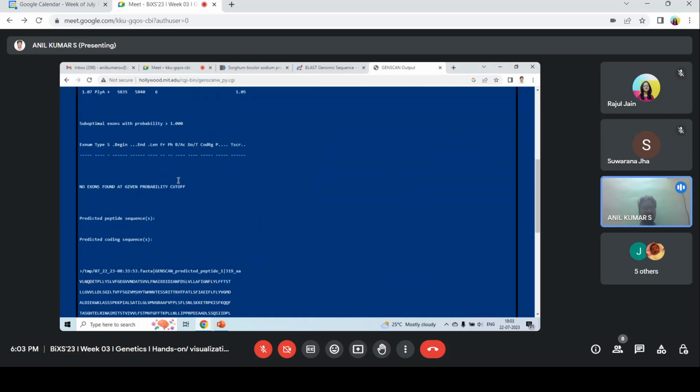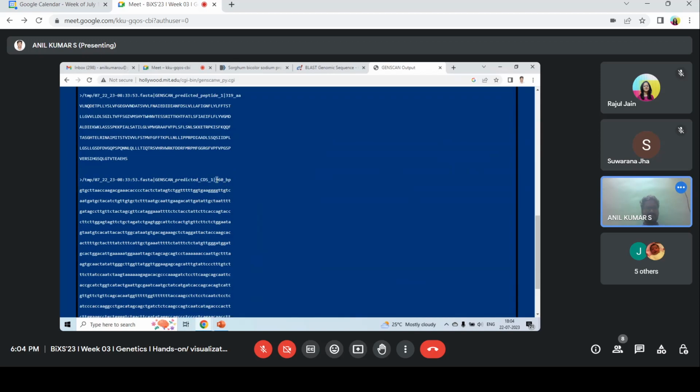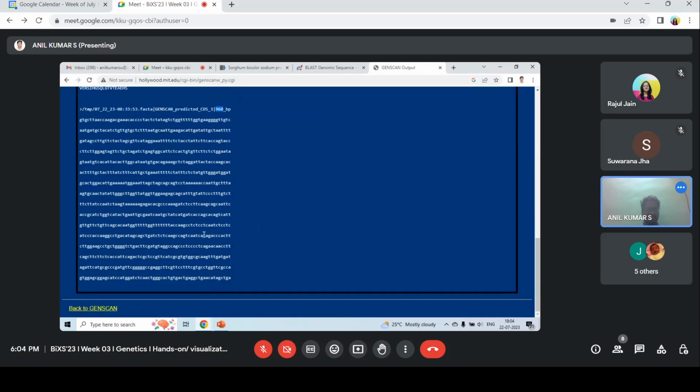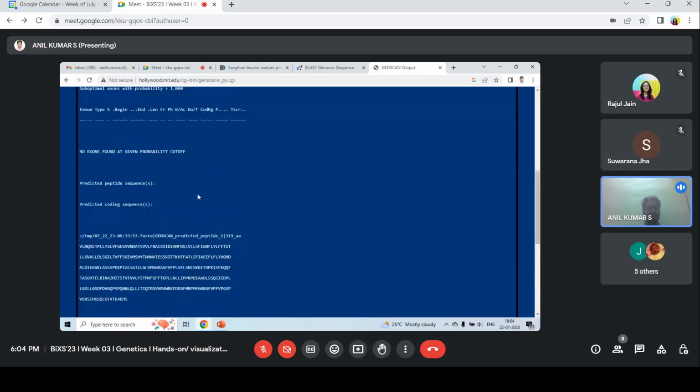You can see here the first sequence is around 319 amino acids long. Multiplied by 3 will be your nucleotide sequence, because 3 nucleotides code for 1 amino acid. Now the sequence is too short.